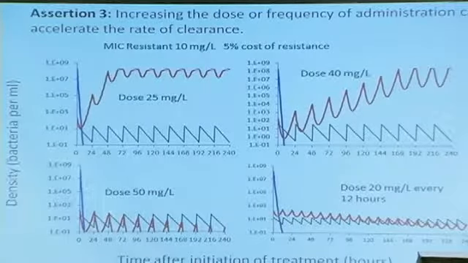And if we increase it to 50, we can pretty much clear the infection. Or if we have a lower dose and we increase the frequency of administration, we can get rid of the resistance.